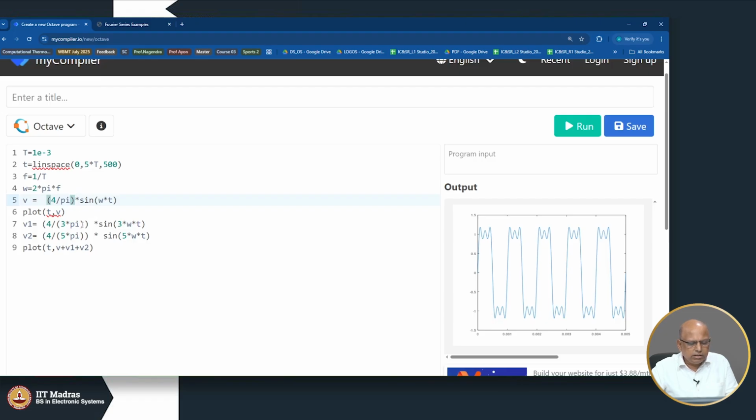This is 1/3, this is 1/5, 1/7, 1/9, etc. So, the amplitudes will be decreasing. I should say the amplitudes will decrease when I increase the harmonic number.